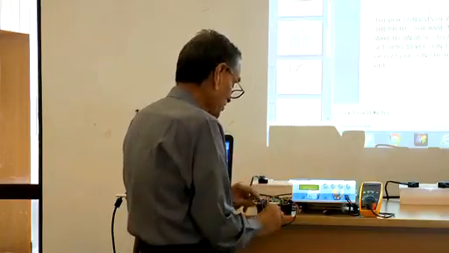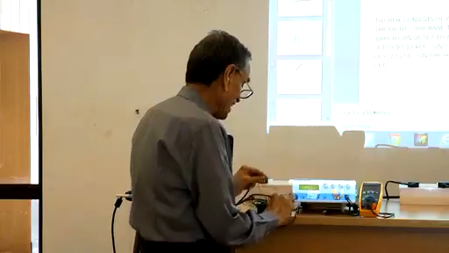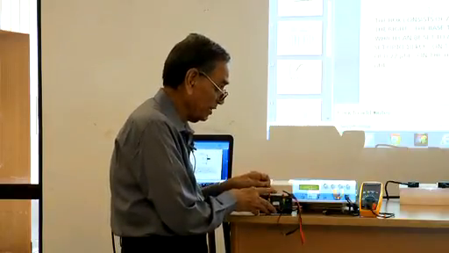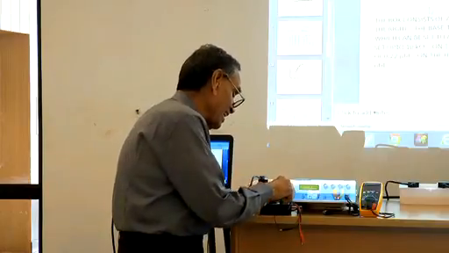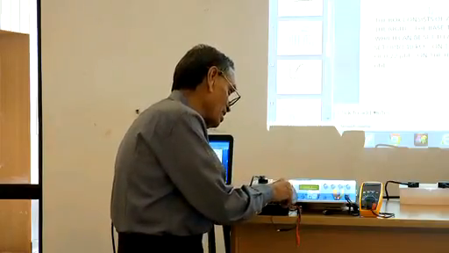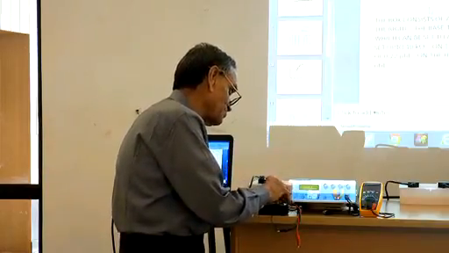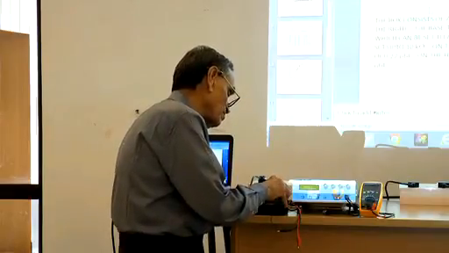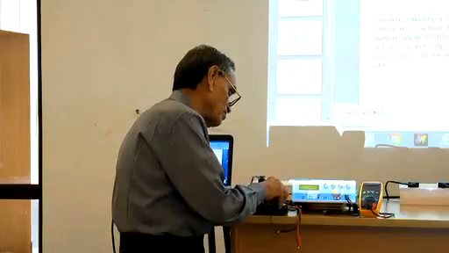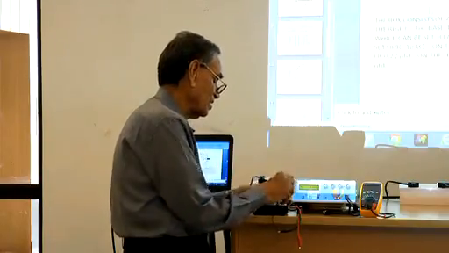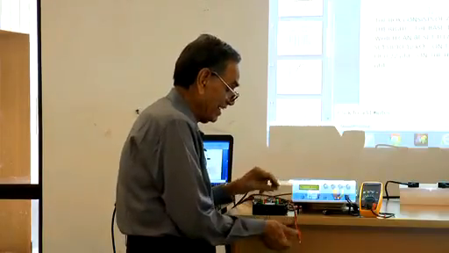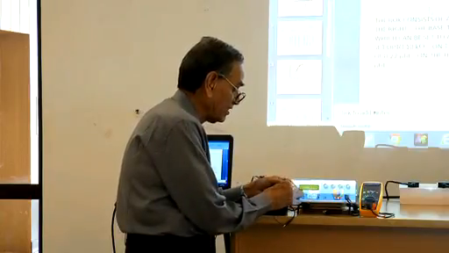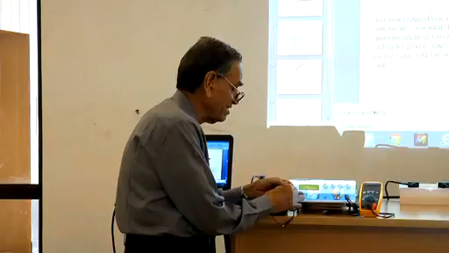For the band pass filter, I connect the input to the high pass, I connect to the output of the low pass. I connect the signal generator to the low pass filter.